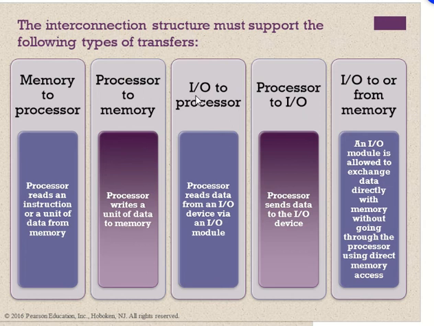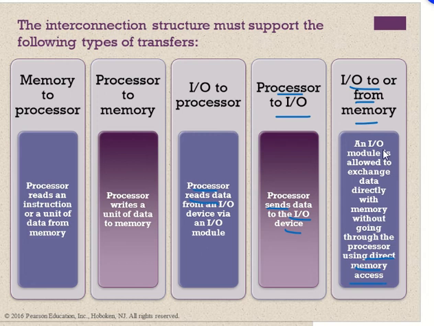And the next one, I/O to the processor. The input output module sends some data to the processor. In other words, the processor reads the data. When you say processor to I/O, the processor is writing, sending data to the I/O device. And this one, I/O to or from memory, is the one we studied in the previous slide, direct memory access.